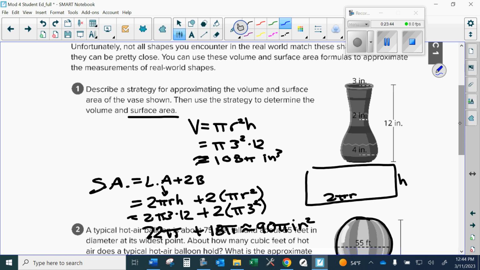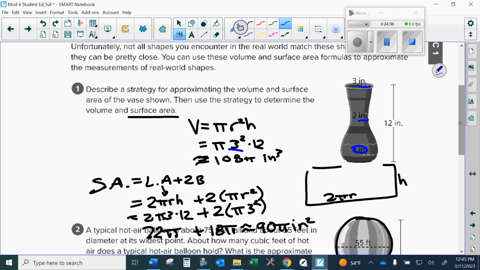Okay, so I'm looking at this right here. That radius is 2 inches. Oh, that radius right here, sorry, is 4. This radius is 2, and this radius is 3. So if we just take the average of it, the average would be 3, which is why I use 3 right here.